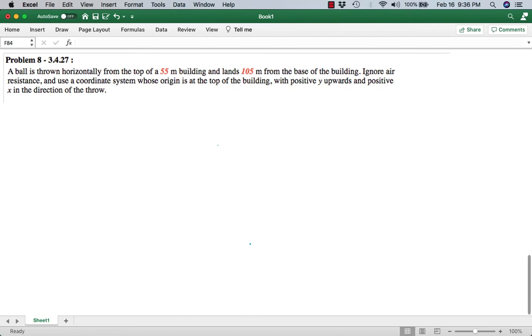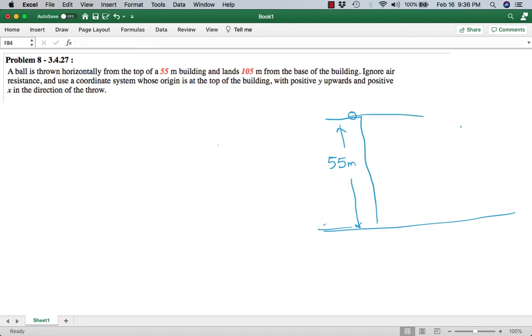So now let's look at number 8. A ball is thrown horizontally from the top of a 55-meter building and lands 105 meters from the base of the building. So let's draw a picture here. That's a 55 meter tall building. And then it lands 105 meters.